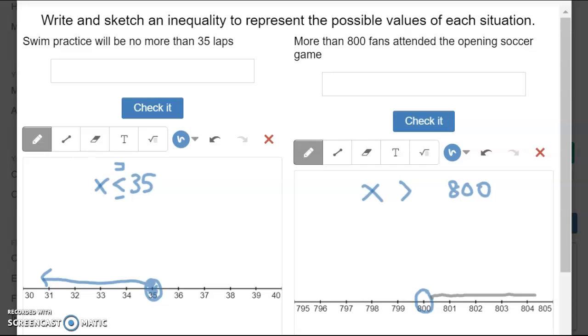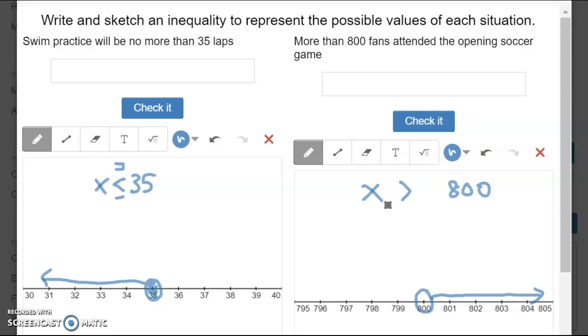Okay. All right. So what does it mean when we are shading? That means the number of spectators, fans, could be like 820, 802, 805, or a lot more, 810. That's all acceptable. But if it was 798 or 700 or whatever, that is not a solution. That is not acceptable to this statement.